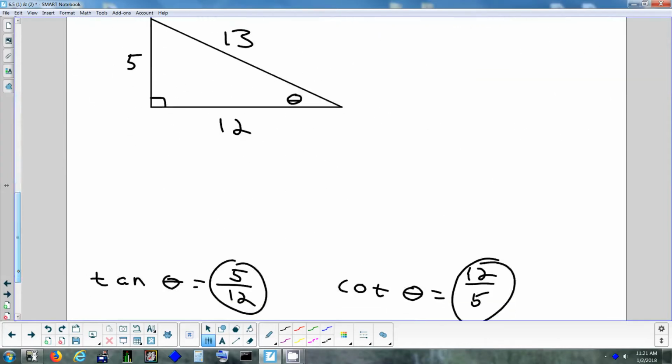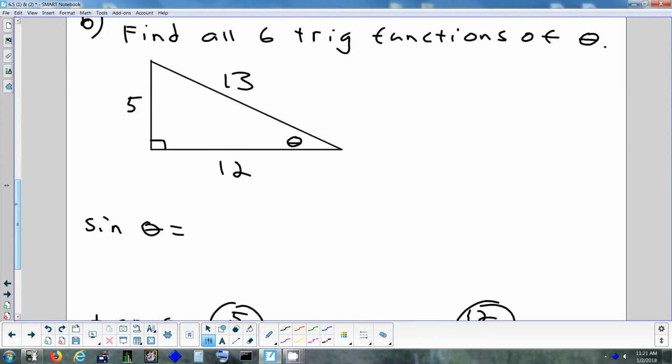All right, so now let's go through the rest. Sine. Cameron, what's my sine here? 5 over 13. Yep, 5 over 13. Julia, how about my cosecant? Do you remember what we do to the sine to get the cosecant? Yeah, 13 over 5.